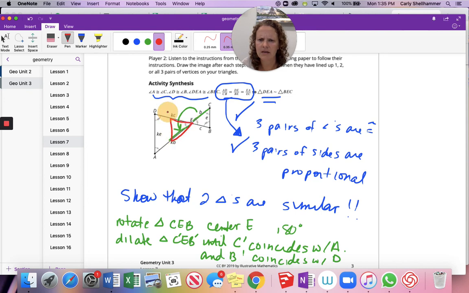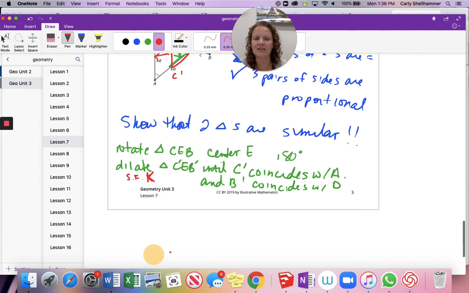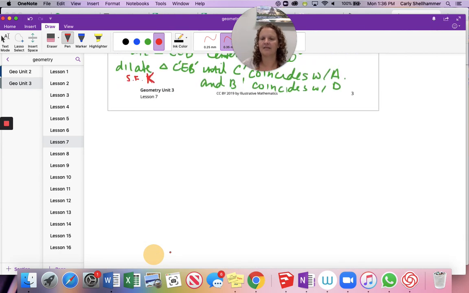And this would be B prime, that would be C prime, and then I would dilate it by a scale factor of K, because K is there. A scale factor of K, and then that would show that the triangles are congruent after that dilation. And that's it. Good job.